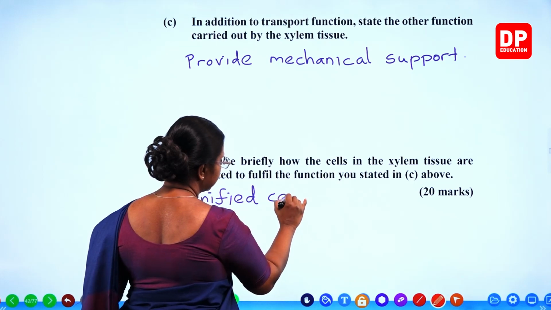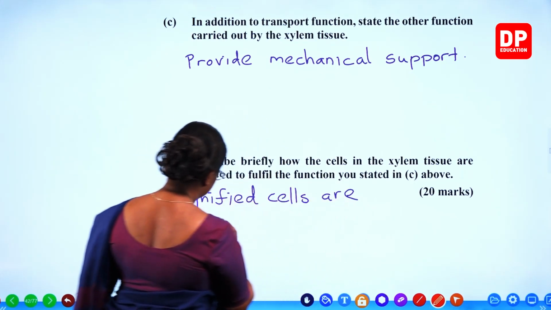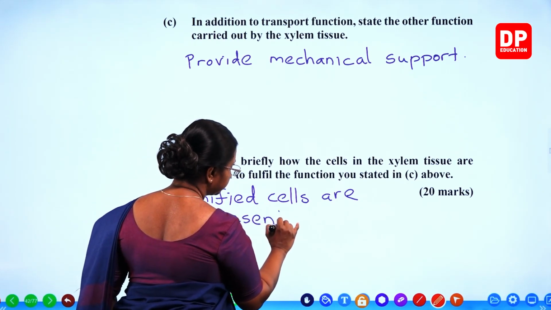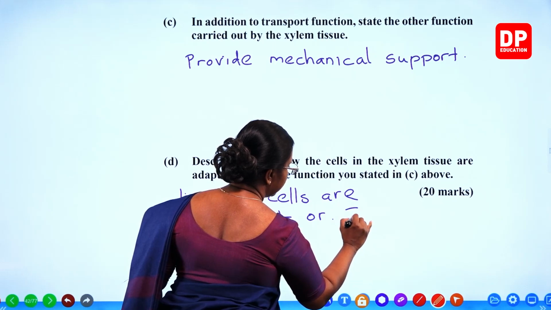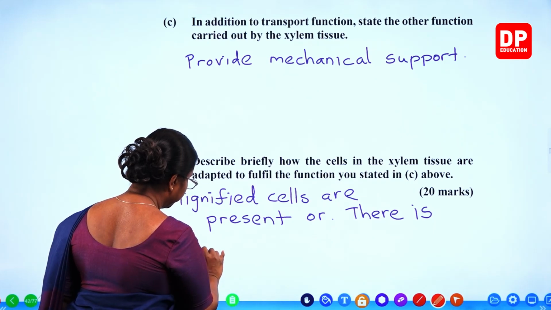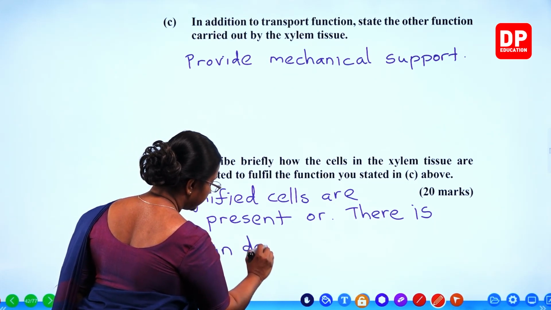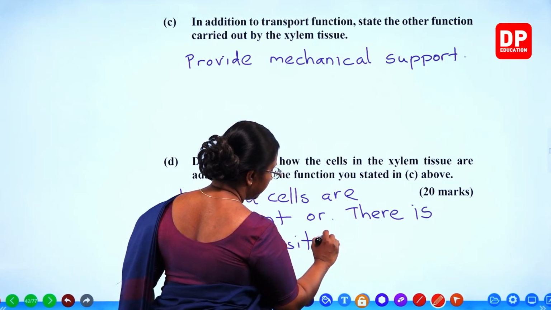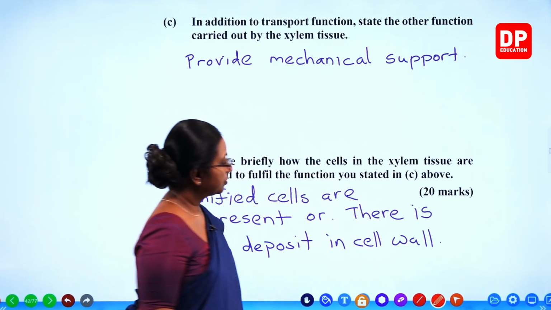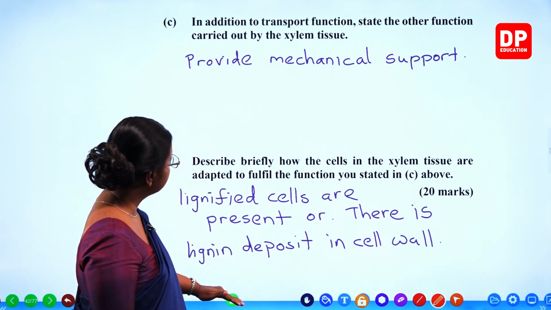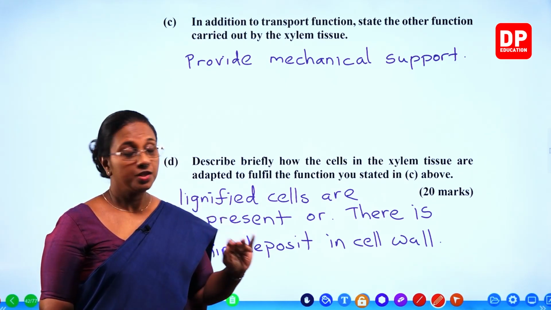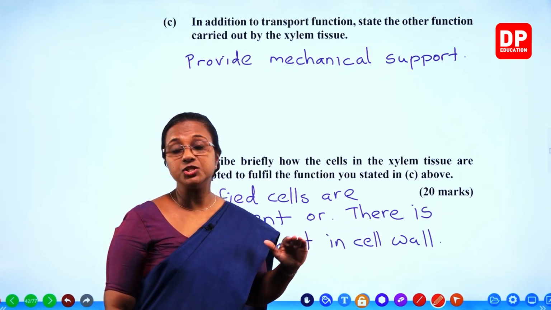Lignified cells are present, or you can say there is lignin deposit in cell wall. So, either one answer is fine. That is the reason how they are able to provide this mechanical support. So, that is the last part of this question.